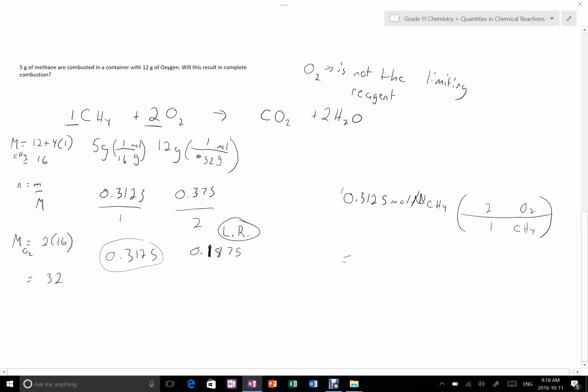So I'm basically multiplying by 2 here. And I can see that that's going to want to react with 0.625 moles of oxygen.